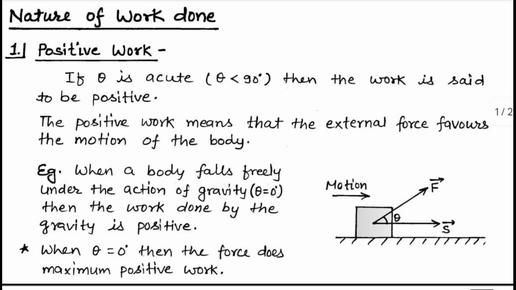For example, when a body falls freely under the action of gravity, the work done by gravity is positive, as the angle between the force and the displacement is 0 degrees because the displacement and the gravitational force are acting along the same direction. So when theta is equal to 0, it is a positive work done.